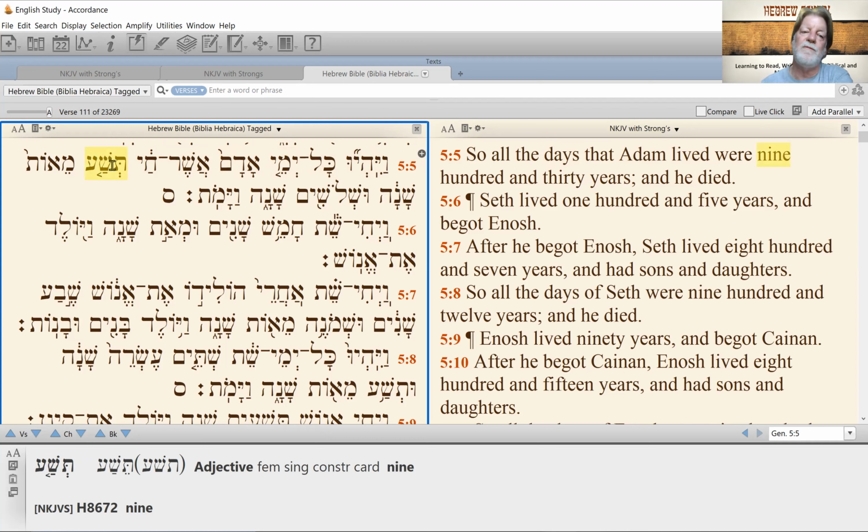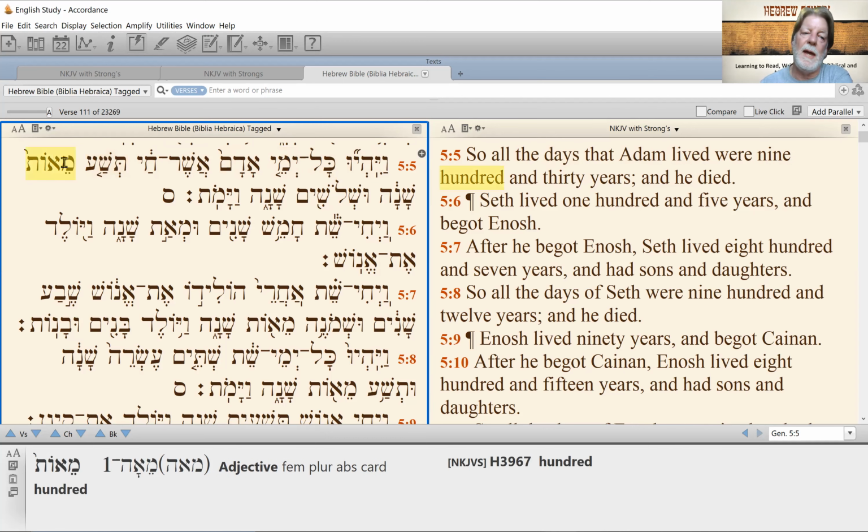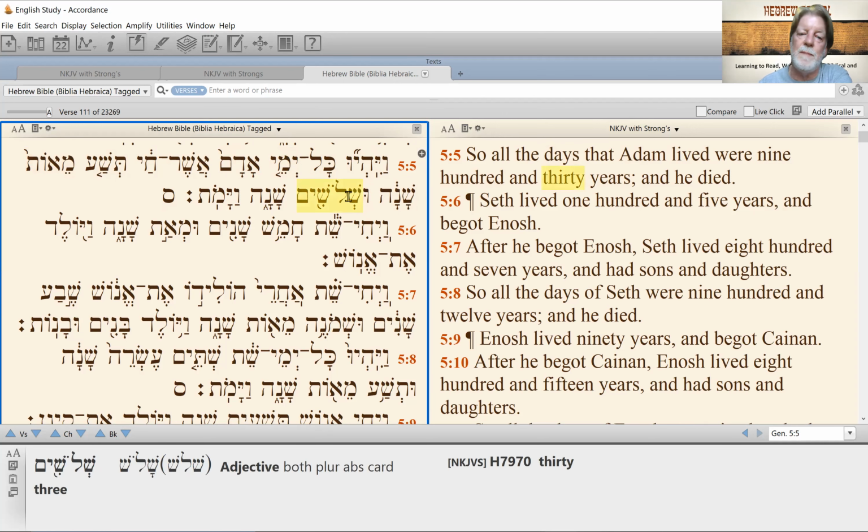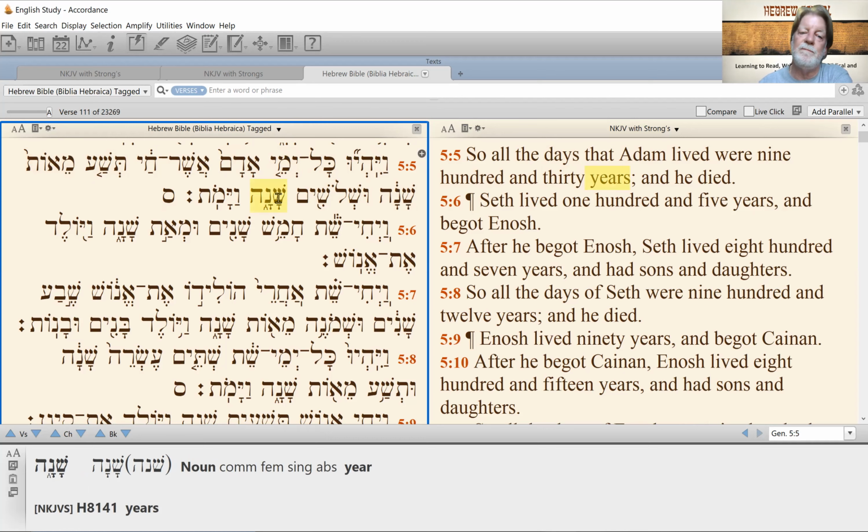Tesha is the Hebrew word for 9, meot, 900, shana, again, we would think it would be plural, but it's not. And shloshim, shalosh is 3, shloshim is 30, shana, years, vayamot, and he died.